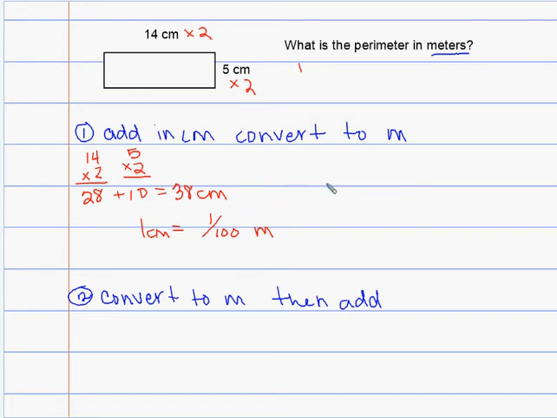If you're using your stair-step diagram, meters would be here, and then you'd go down, and then you'd go down, and this would be centimeters. So you'd go up 1, 2. And remember, you would move the decimal to the left. So 38 centimeters is the same thing as 0.38 meters. 38 hundredths of a meter.